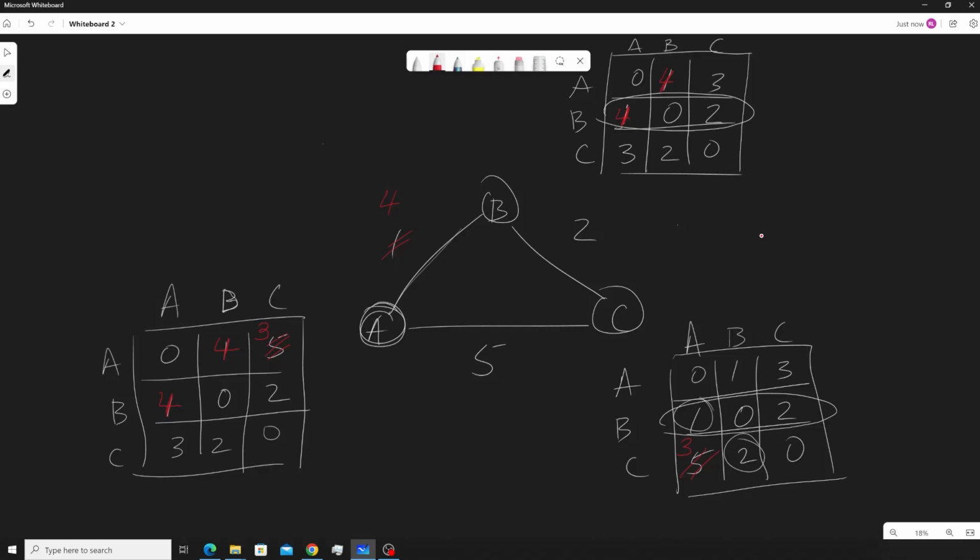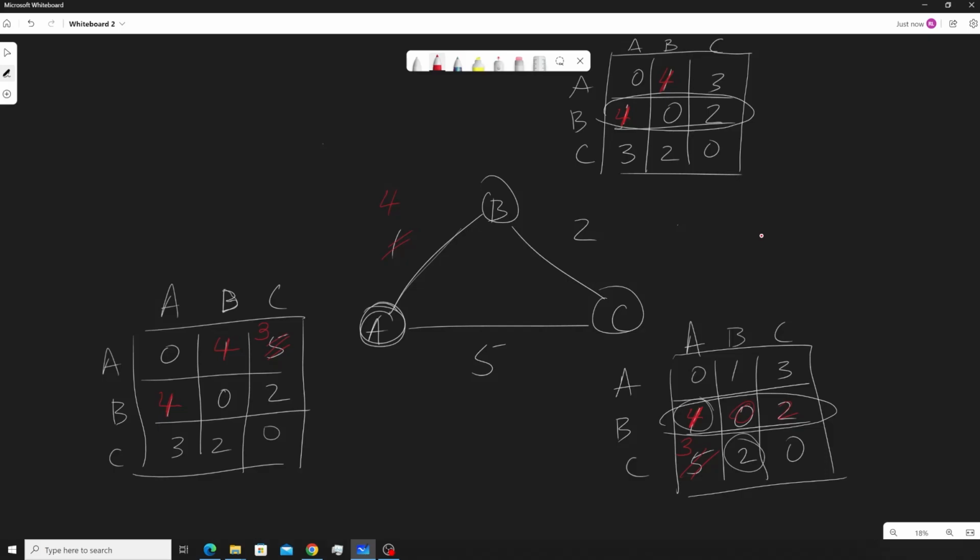So essentially, whenever B advertises, it'll delete the old values and place in the new values, even if they are more expensive. Okay? And then once it has these new values, it will recompute using the Bellman-Ford equation. It will recompute the table. Okay? And eventually they'll converge.